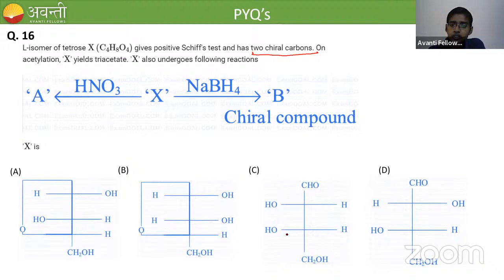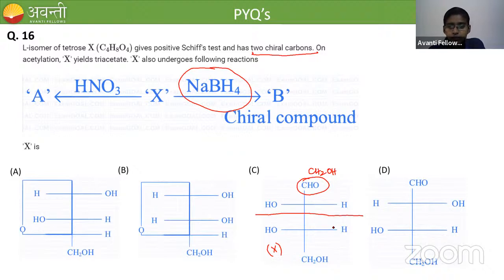So if this is your X compound, on reduction with NaBH4, the CHO group will be converted to CH2OH. Now you can see there is a plane of symmetry. When you cut this molecule into 2, you will get 2 equal halves, which is a meso compound and it is not chiral.